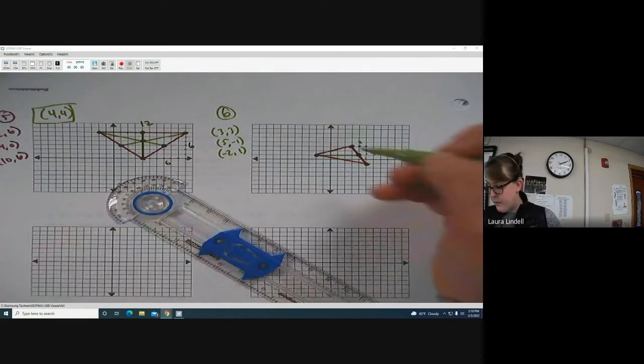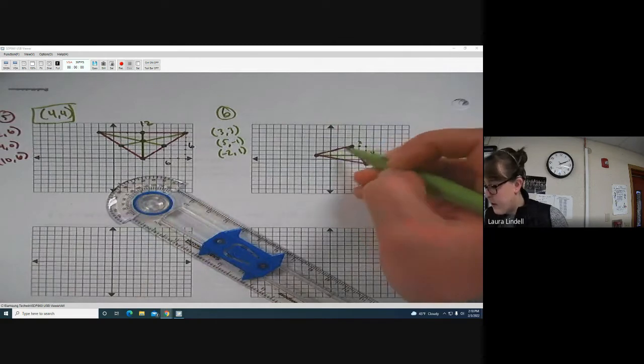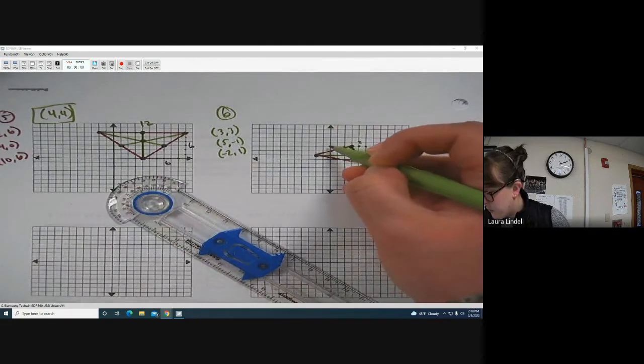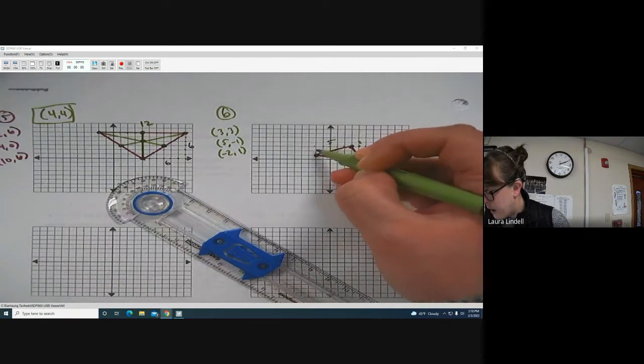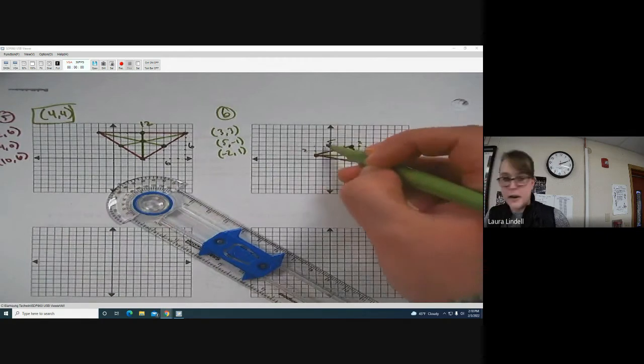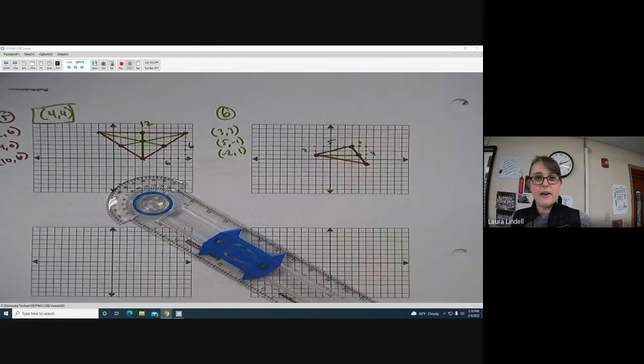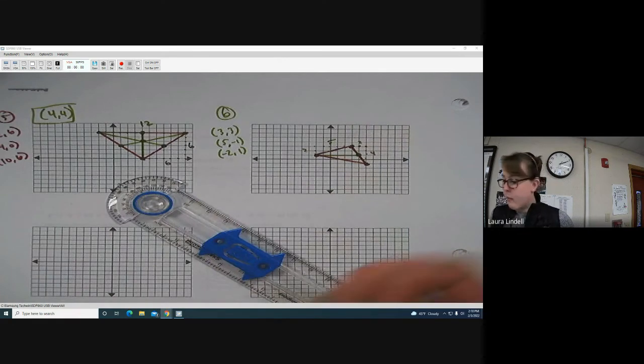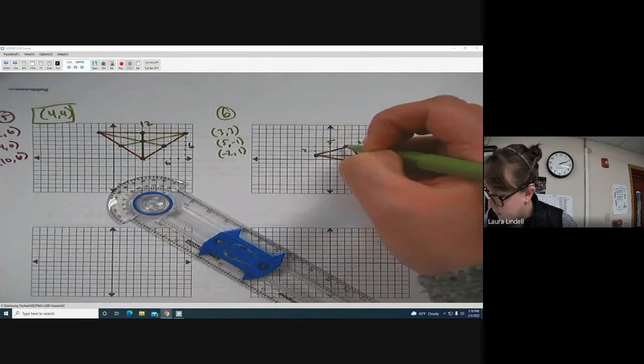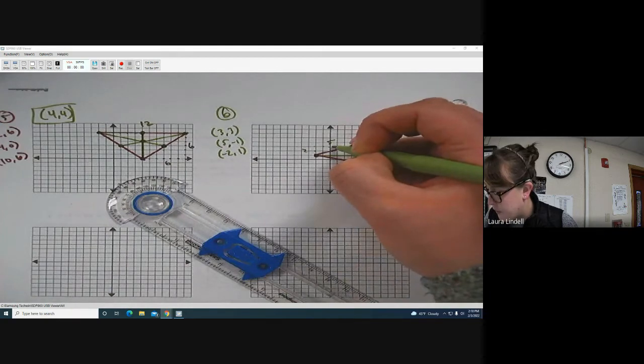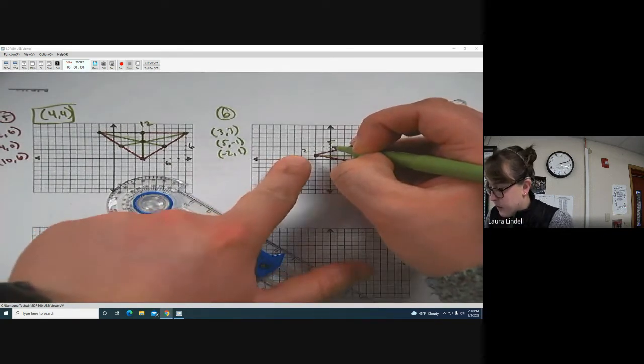For the next one, I'll do this side. We're going to go over 1, 2, 3, 4, 5, and down 2. Now, if you get an odd number like this, that's okay. 5 divided by 2 is 2.5. So when I count over, I'm going to go over 1, 2, and then halfway. And then 2 divided by 2 is 1.